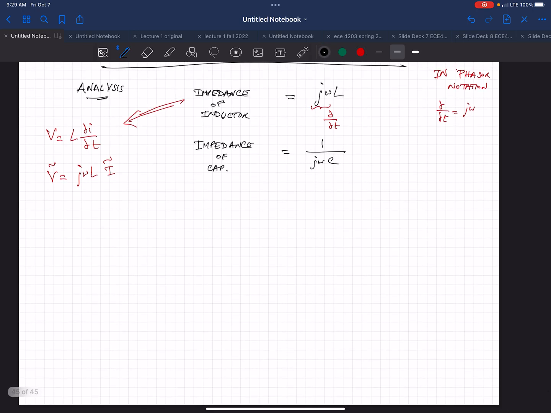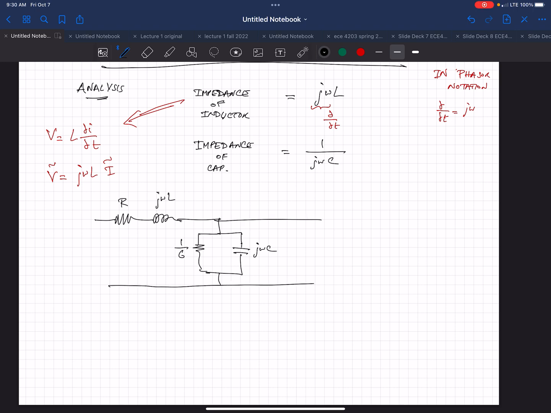So let me draw the transmission line with all this stuff in here. We have R for each section, we have a j omega L, we have our G, or 1 over G, and then we have j omega C. So this is our new section of a transmission line.